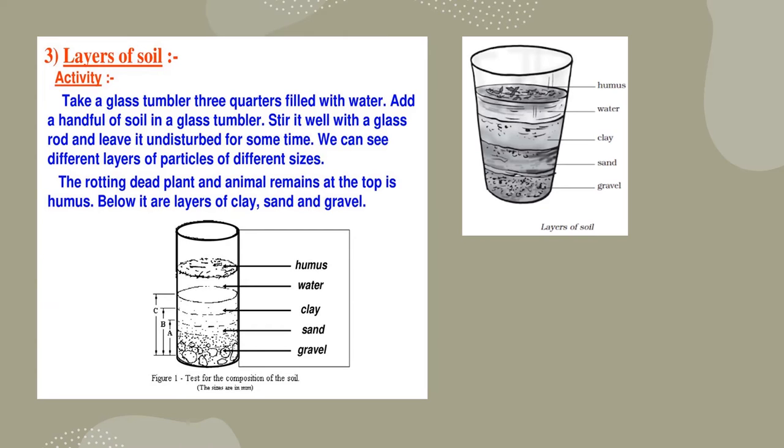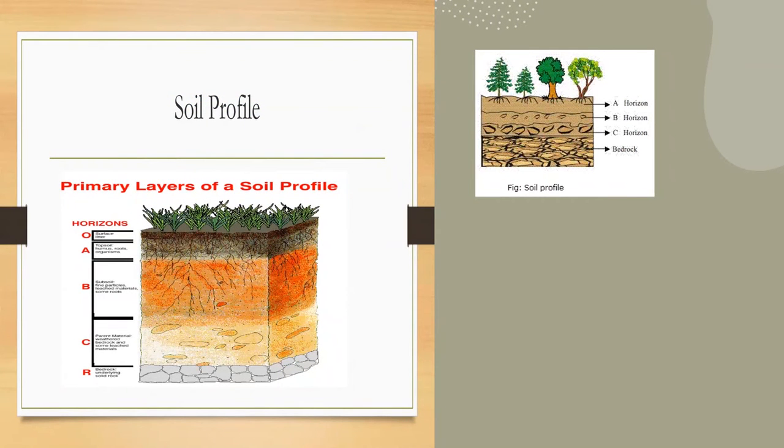Same way here also: small small stones, gravel, sand, clay, water and humus. I hope you understand. So these are the layers of soil. Then this we say as soil profile.